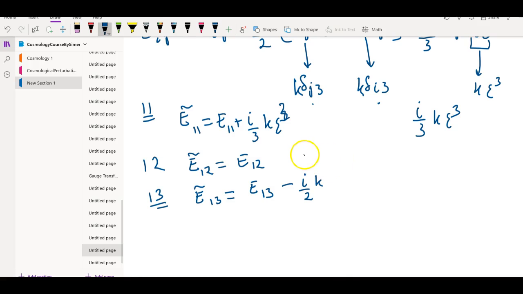By symmetry, this is the 2 1 component also, and this is the 3 1 component also. So we got the 1 1 component, the 1 2 component, the 1 3 component, the 2 1 component; 2 2 we need to find, and 2 3. Let's see the 2 3 component.